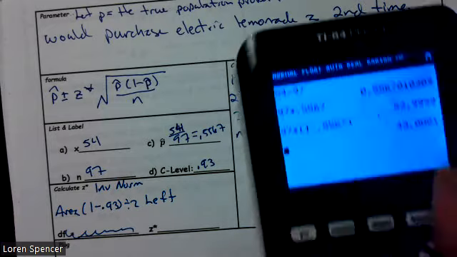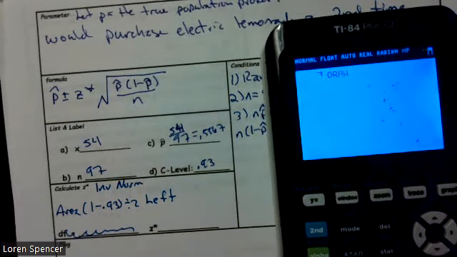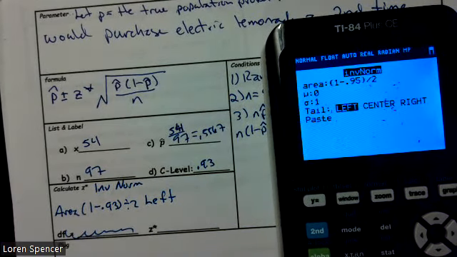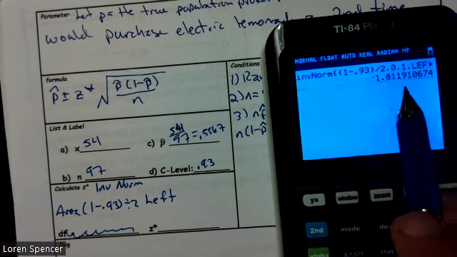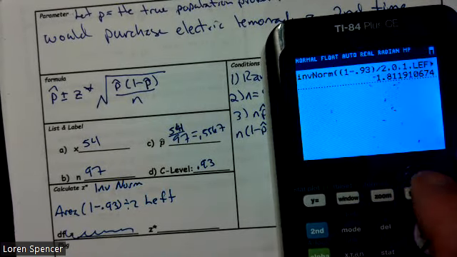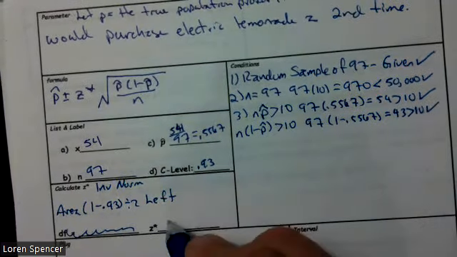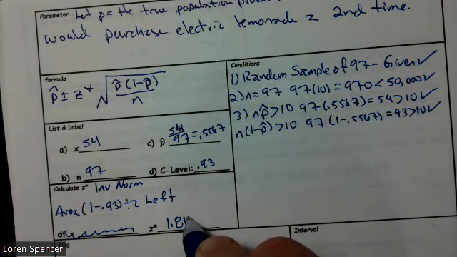So let's do that. Second vars, inverse norm, parenthesis 1 minus 0.93, close parenthesis, divided by 2. Mean is 0, standard deviation of 1, and left. We end up getting 1.8119. Always make it positive because we're positive people.